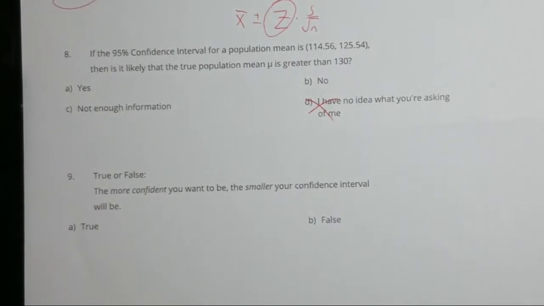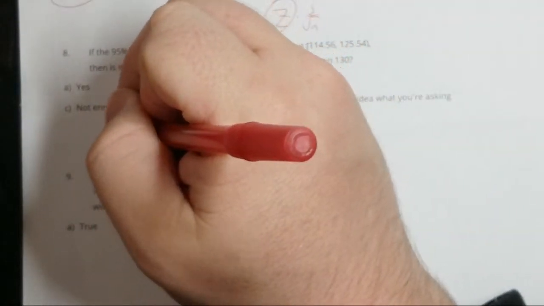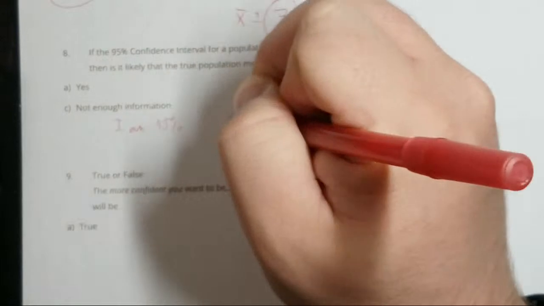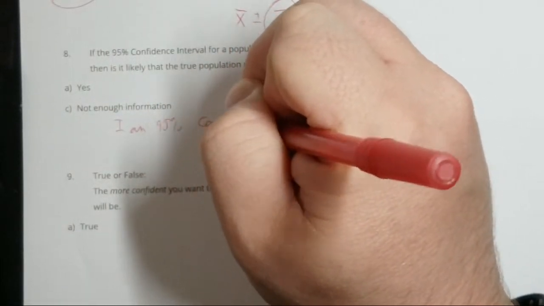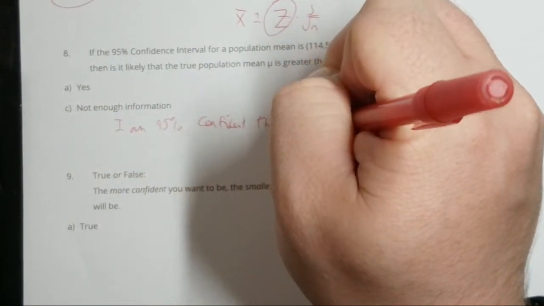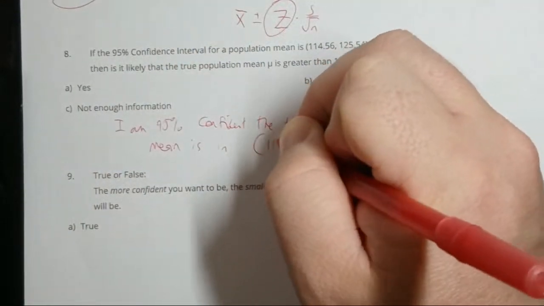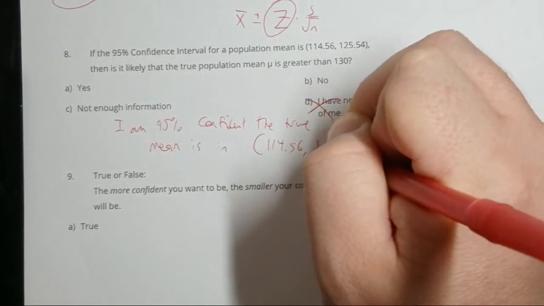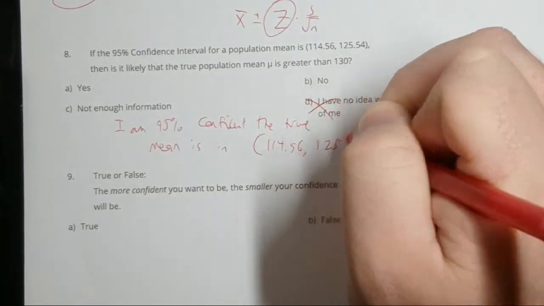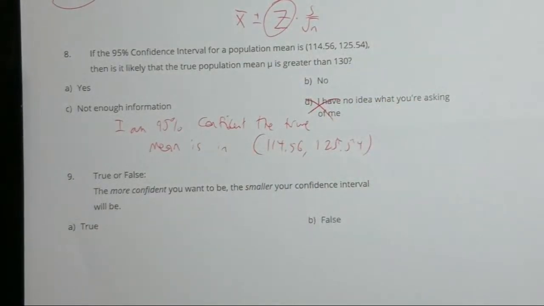But again, think of what it means to be a 95% confidence interval. If I say I'm 95% confident in this interval for the mean, I'm saying I am 95% confident the true mean is in the interval 114.56 to 125.54. I'm 95% confident that that interval contains the true mean.